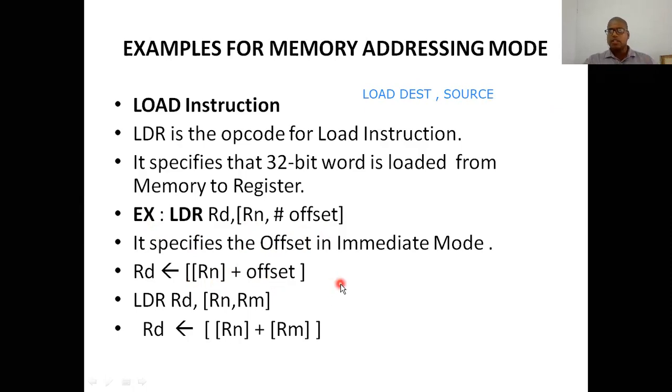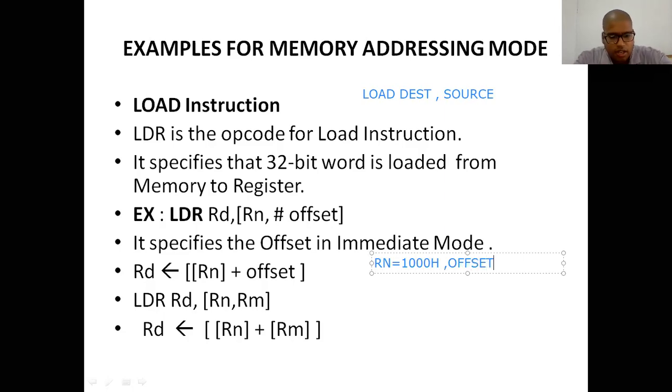For example, Rn is equal to 1000h and the offset is equal to 20h. Just imagine. Then I need to add these two values.